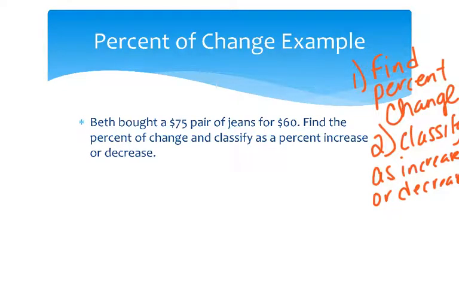Okay, so there are the few things that we have to do. So let's just underline the important parts. So she bought a $75 pair of jeans for $60.